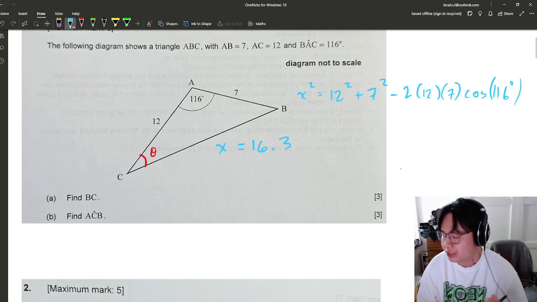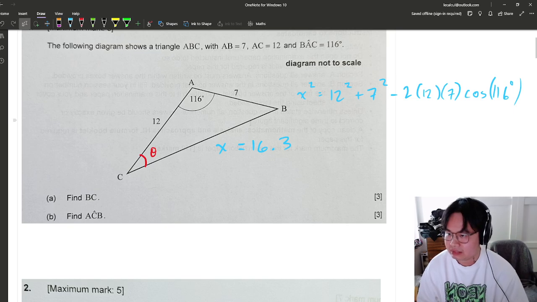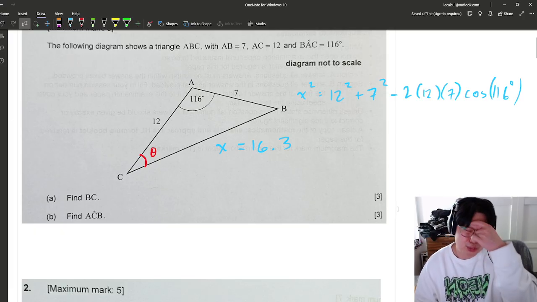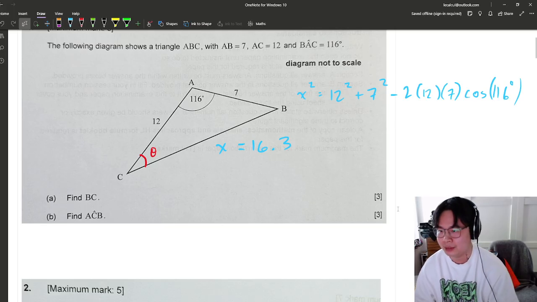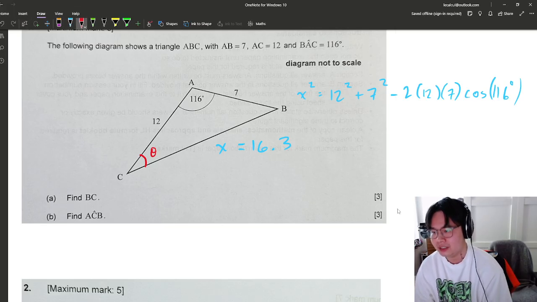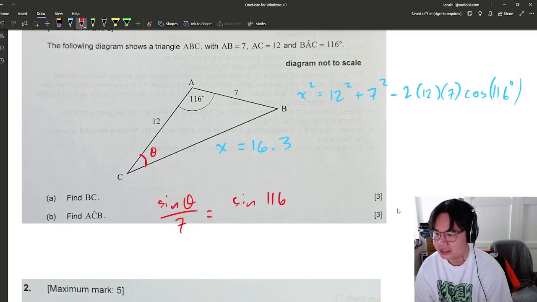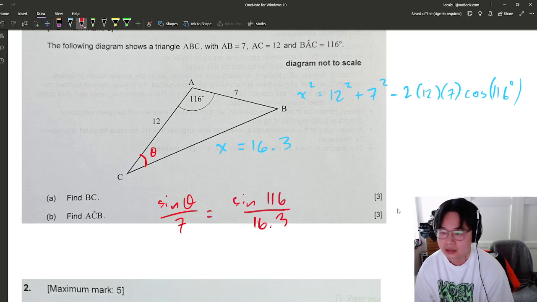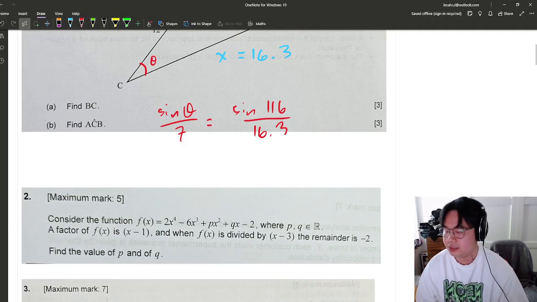And then there's ambiguity and stuff, but because we have all three sides, and this one's 116, I don't think there's any ambiguity. Plus, if you can use cosine law, then that doesn't have any ambiguity, so there's no reason to be worried about ambiguity if we were to use a sine law question, which I will. So what is this? Sine of the angle over 7 is equal to sine of 116 over 16.3. Okay, calculator.